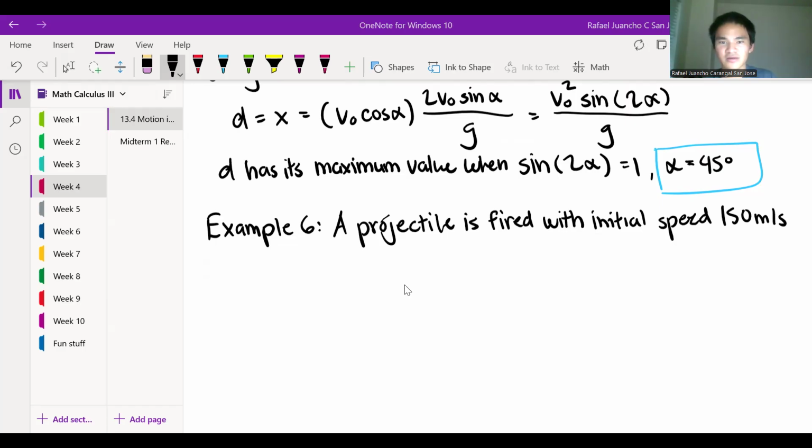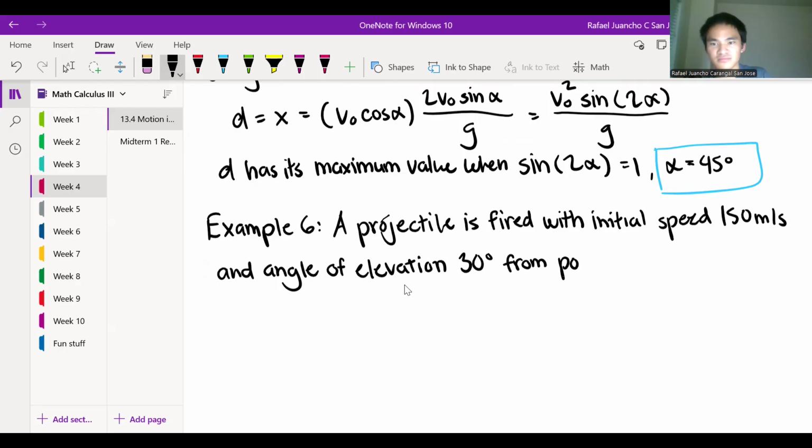And we're saying the angle of elevation is 30 degrees from a position 10 meters above ground level.